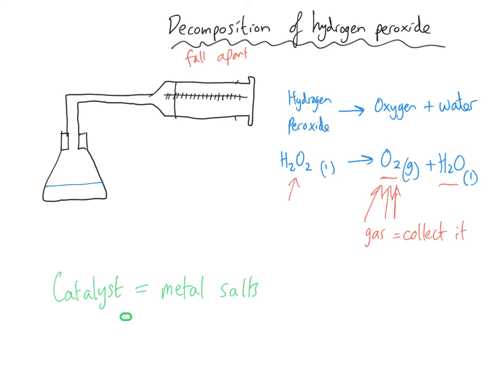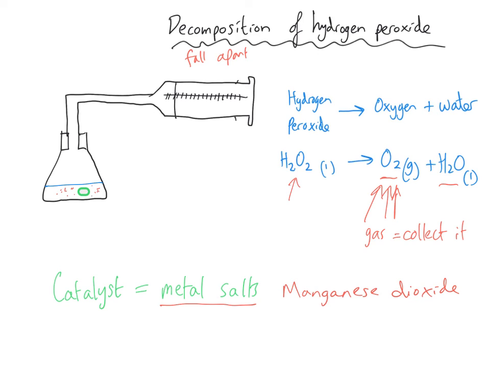Now, to see the effect of a catalyst, you would need to put a catalyst into the hydrogen peroxide and see if that decomposition speeds up. And it will if you use metal salts, for instance, manganese dioxide. That will make this decomposition a lot faster.